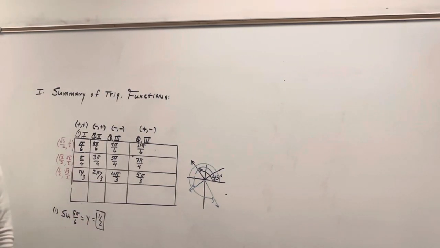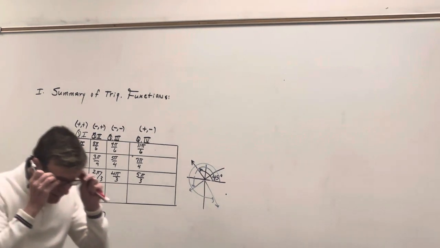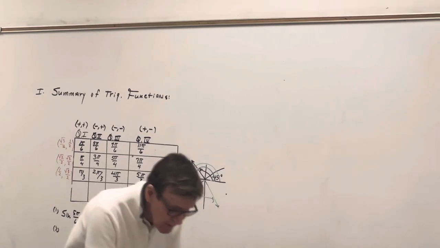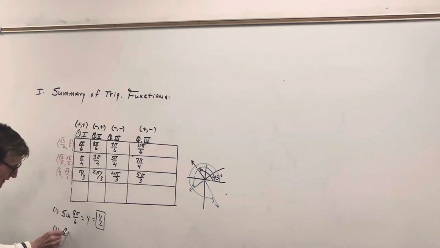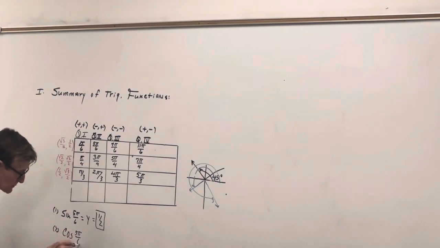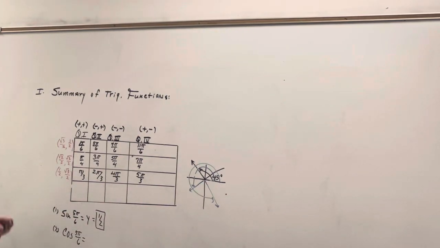Just matching things up here. Let's throw in another one. We'll get used to this table idea. I don't think your textbook has this kind of a table. I thought it could help though. Let's try cosine of 5 pi over 6. Now guys, I'm going to treat this one a little differently. You sort of see what's going on though. Cosine of 5 pi over 6, yes, 5 pi over 6 is in my table somewhere.